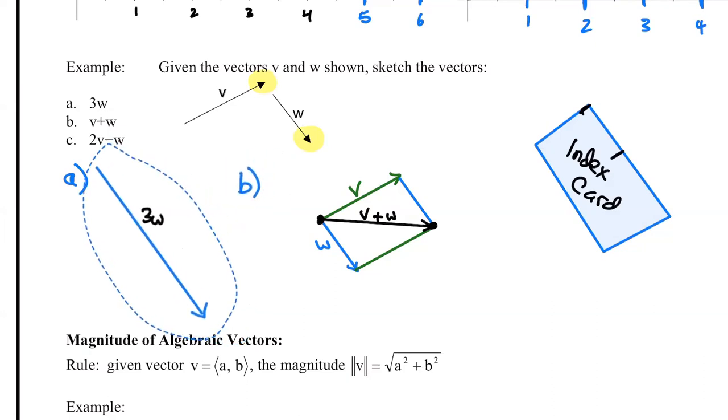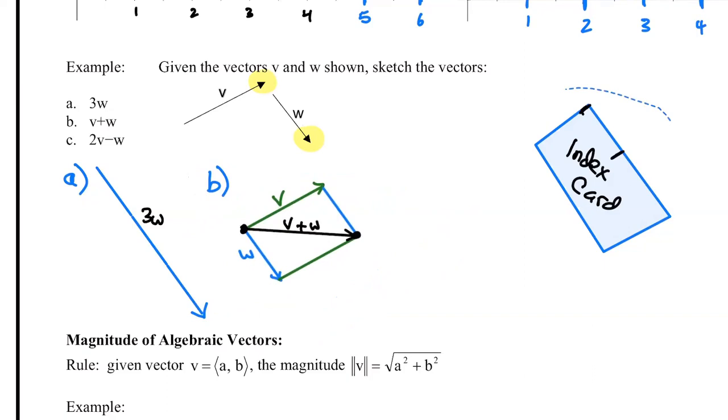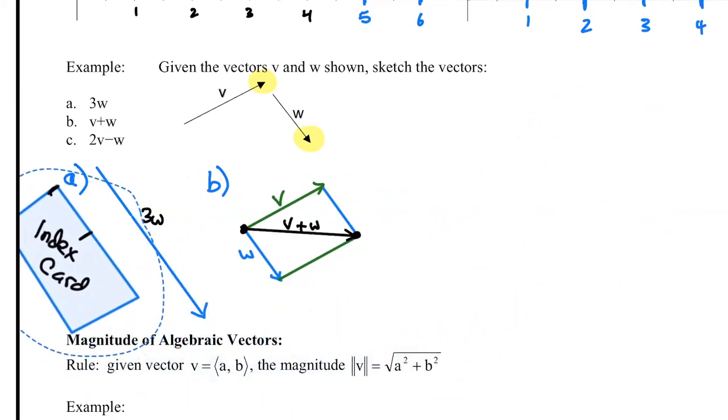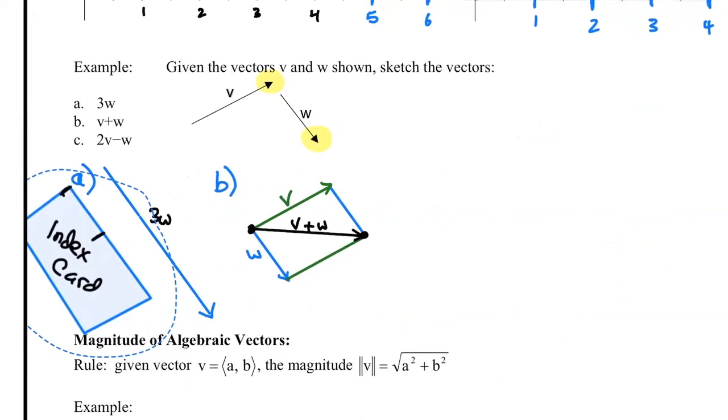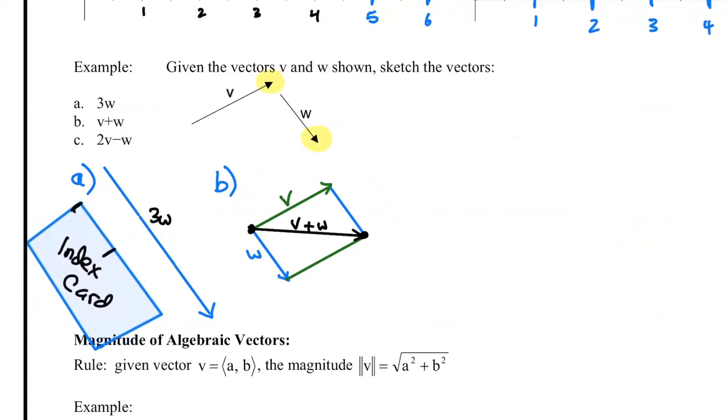I'm just going to move some things around. The last one has a size dilation involved in it, so that involves a little bit of extra doing. I'm just going to move my index card over here. I kind of like having the index card involved, a little safety blanket.